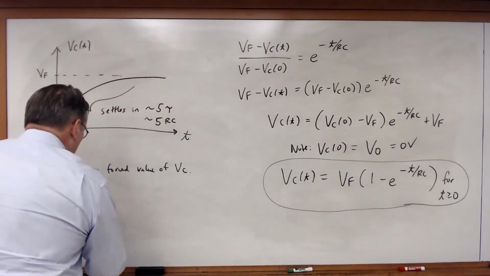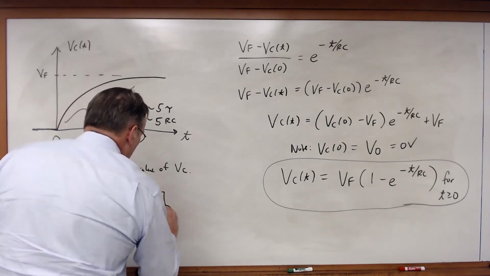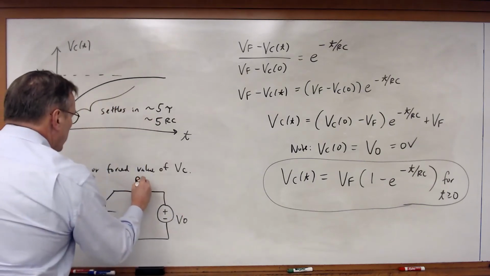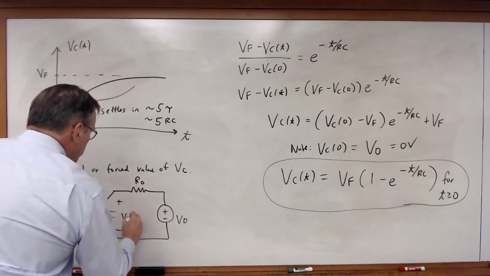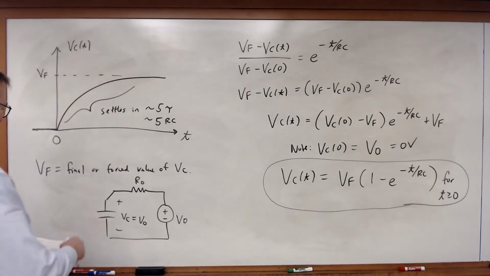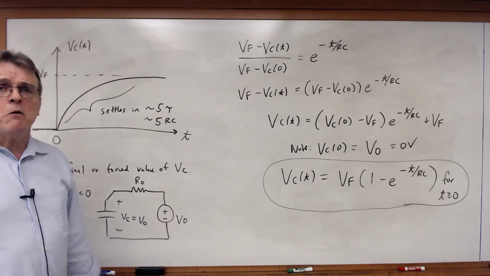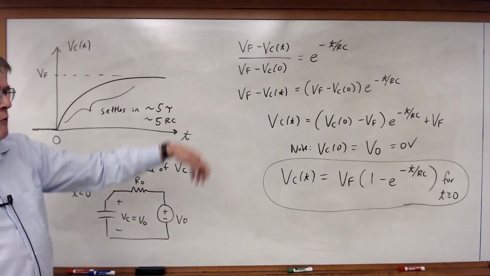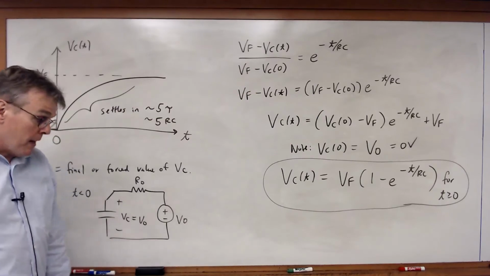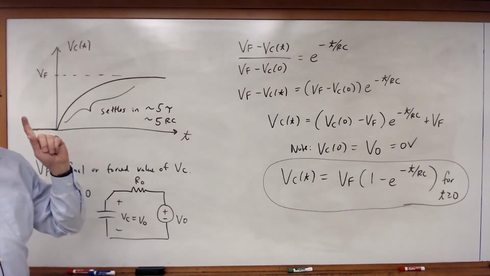Remember how before, for t less than 0, I had a V0 value such that Vc became equal to V0 for t less than 0. So this is the circuit I had for t less than 0. And I just said, well, let's assume V0 is 0. And that's what I did when I went through and I did this. I just said, hey, let's let it equal to 0. But I don't have to do that. What if I assumed V0 was a non-zero value?